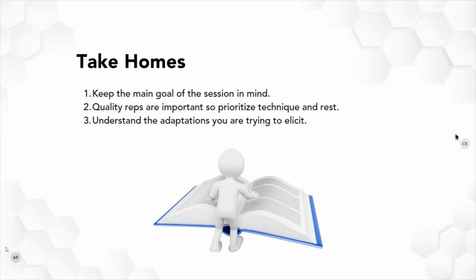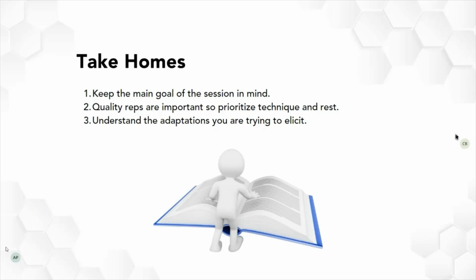And then finally, the last part I would also touch on would be your understanding. So to be a good coach, you generally have a really good understanding of the adaptations you're trying to elicit. So this comes back to your anatomy and physiology again. So it's easy for someone to look up a sample power session or a sample strength training session, okay?